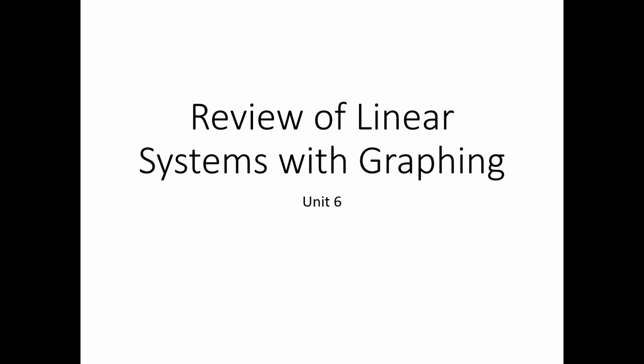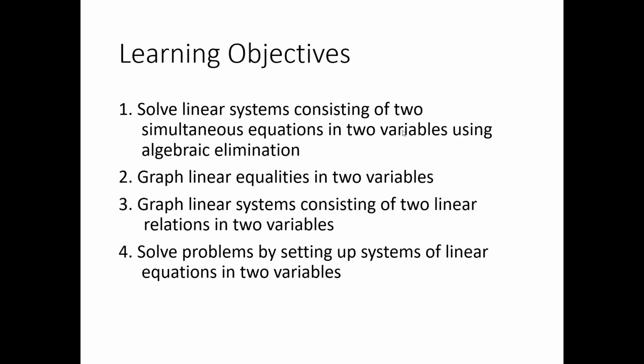We will then expand that out further into the linear programming area where we may have more than two equations and more than two unknowns. And once we start using Excel with solving these systems of linear equations, doesn't matter how many unknowns. We won't be able to graph it if there's more than two unknowns, but that's what it is, right? So we're going to solve linear systems consisting of two equations.